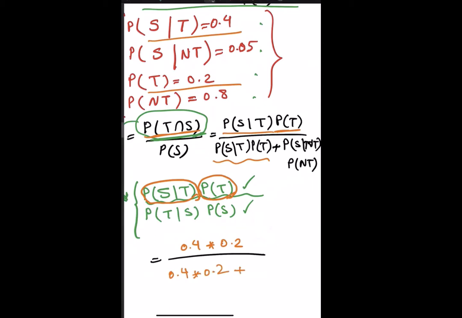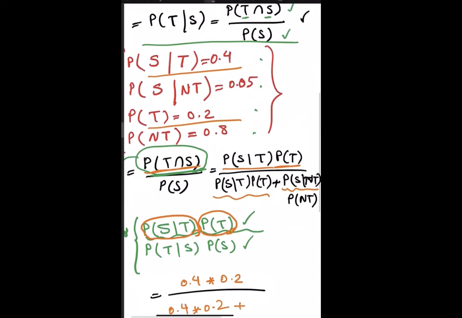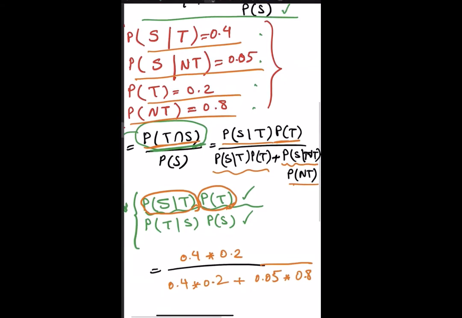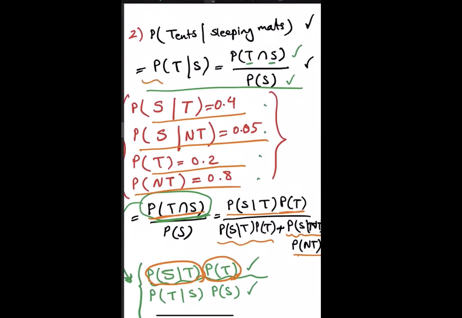And then the probability of sleeping mat given no tent is 0.05, and probability of no tent is 0.8. And that's the answer to this probability.